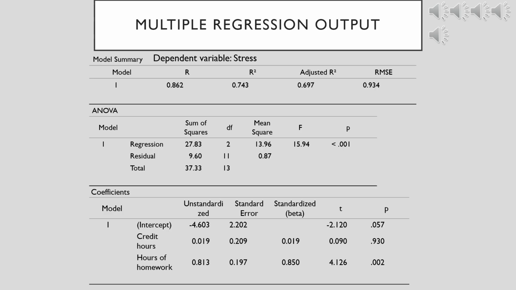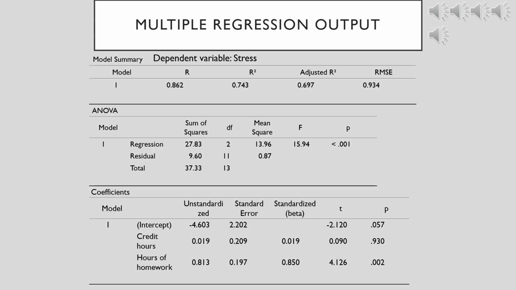All right, next question. Does the amount of credit hours that somebody takes significantly predict their stress, controlling for hours of homework? The answer is no. If you go to the credit hours row, you can see that it has a slope of 0.019.